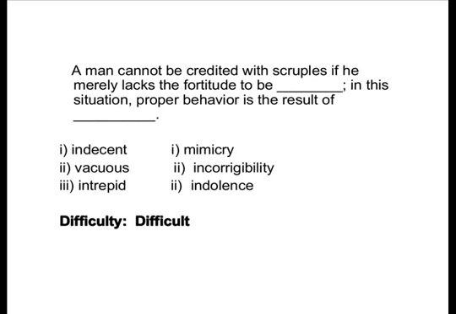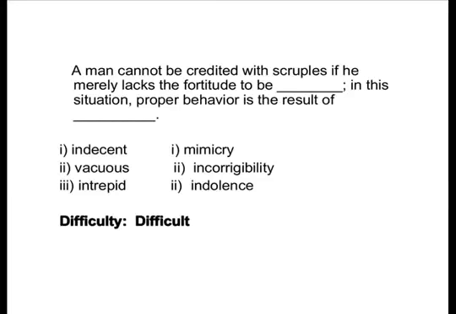Let's keep going with the difficult examples until my brain explodes. Hit pause and choose. A man cannot be credited with scruples if he merely lacks the fortitude to be blank. In this situation, proper behavior is the result of blank.